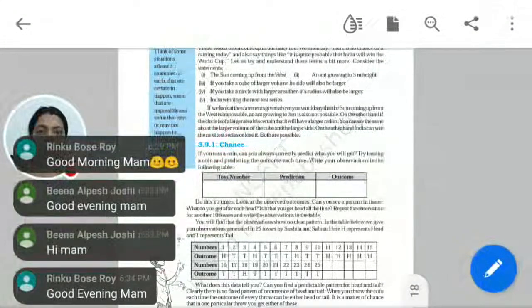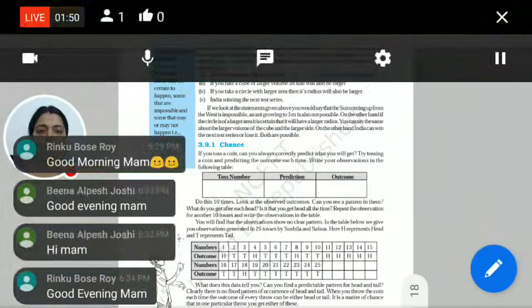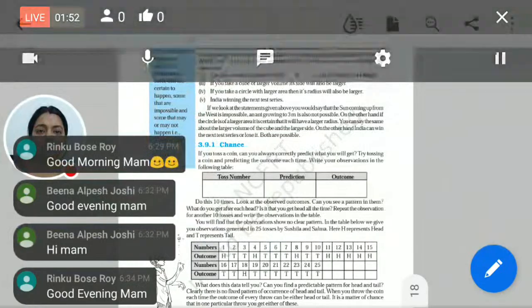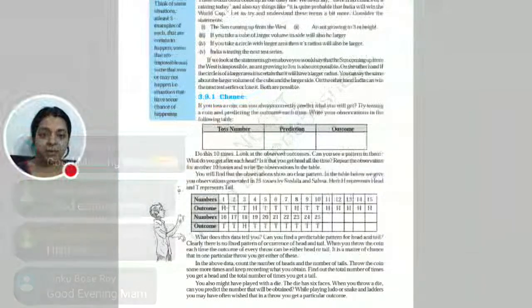Or before that, I can talk about cricket first, right? What happens in cricket? Let's see. Generally, whenever we play cricket, there comes a toss before it, right? The toss is of the coin only.